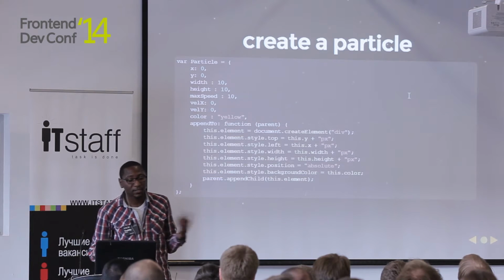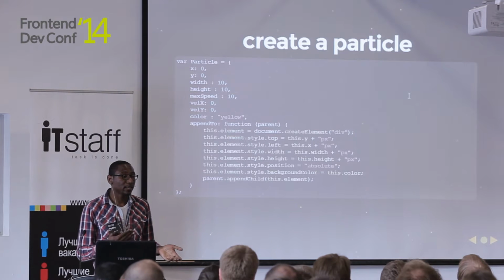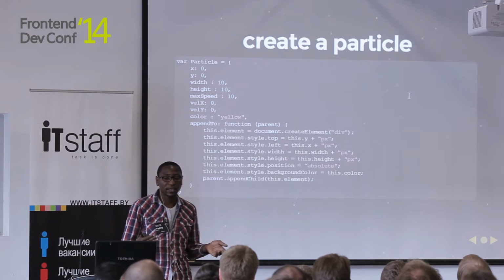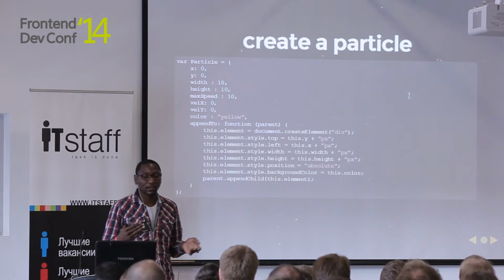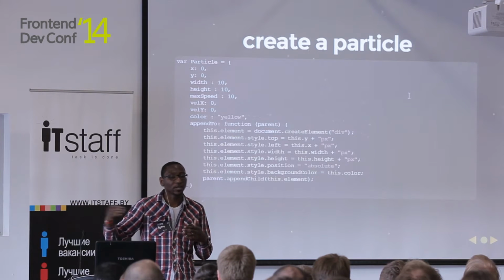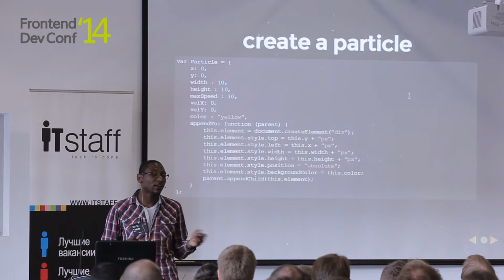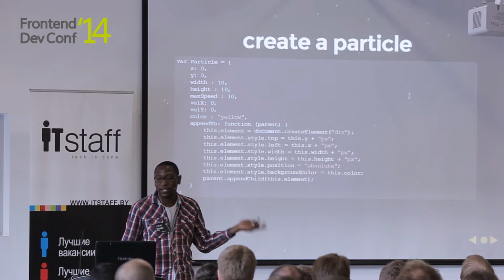And velocity is the speed plus the direction. When you say I'm going at that speed, we don't know where you are heading to. So velocity is speed with a direction. And the color of our particle is yellow.